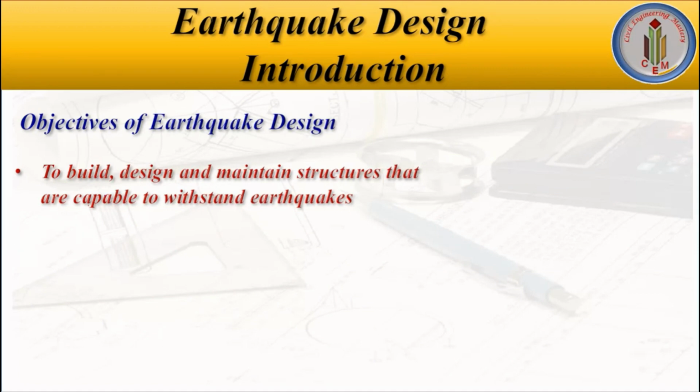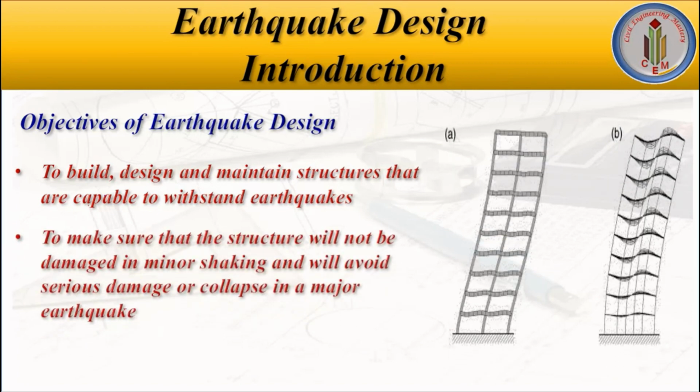Next one is objectives of earthquake design. So what is the main objective of earthquake design? To build, design and maintain structures that are capable of withstanding earthquakes. Whatever structure we are designing should be able to withstand the earthquakes, so that the structure will not be damaged in minor shaking and will avoid serious damage or collapse in a major earthquake.